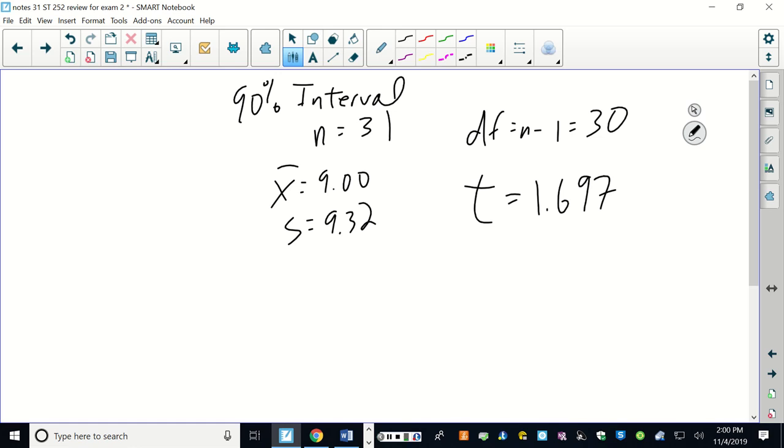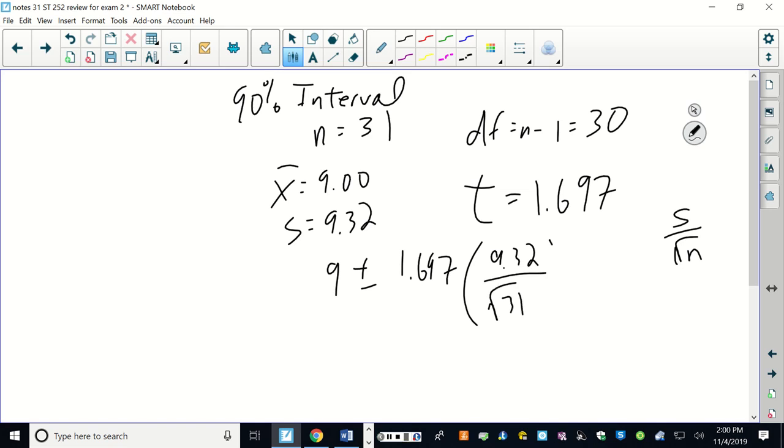So our 90% interval is 9 plus or minus 1.697 times the standard error, s over the square root of n, 9.32 over the square root of 31. And I got an interval in there of 6.16 and 11.84 on that scale.